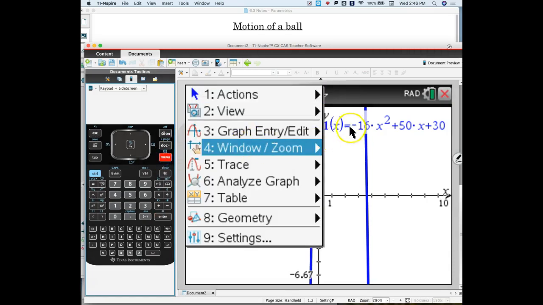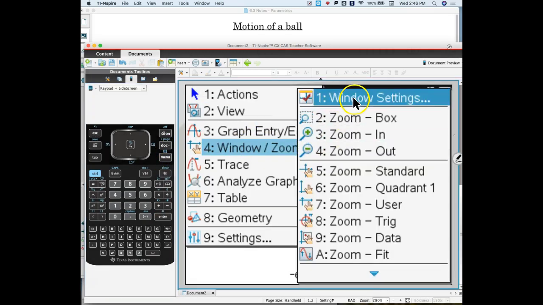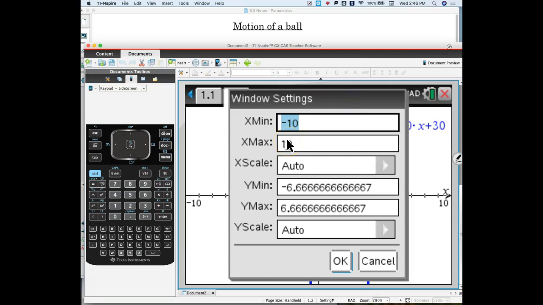Window settings, X's. Do I need negative X's? Why not? The ground and then 0. No. What is X? We're starting at time 0.